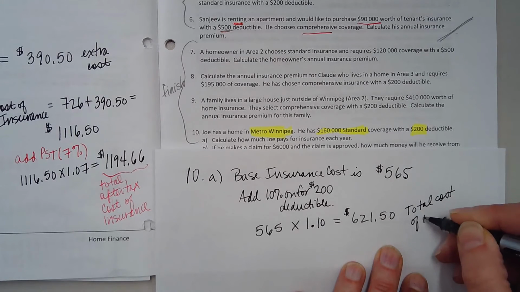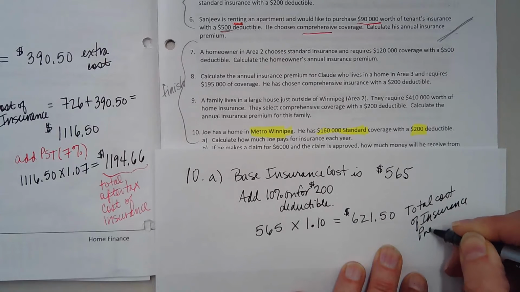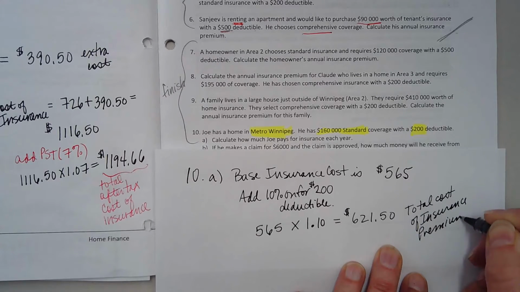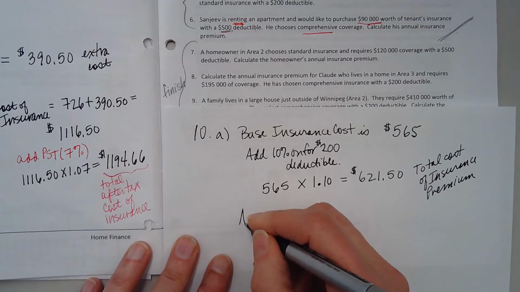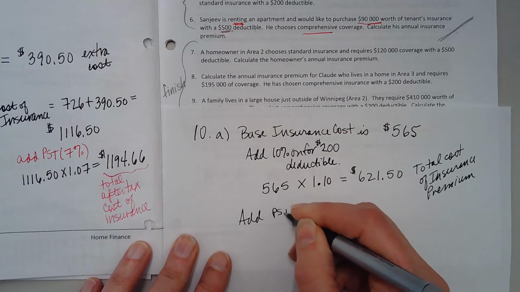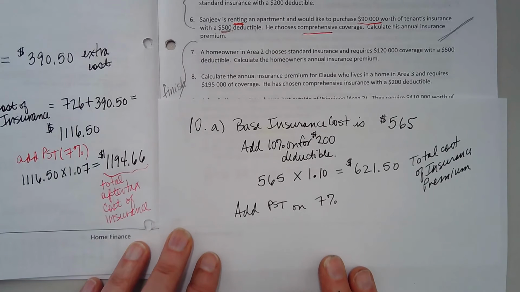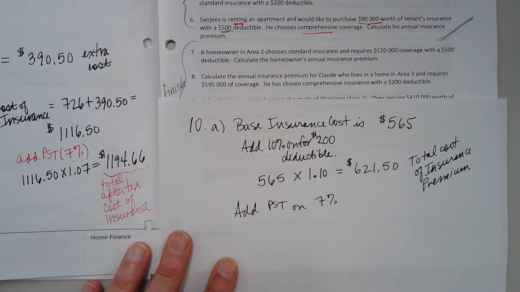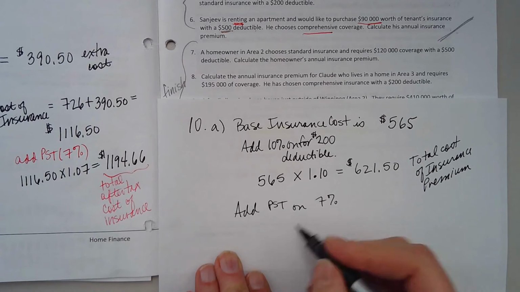Yeah, this is the cost of the insurance premium, but the last thing is adding PST. So it's 7% now. By the way, this is something you might want to include on your study sheet. Write down PST 7%, GST 5%, because taxes aren't given to you. It's assumed that you know the taxes in Manitoba.